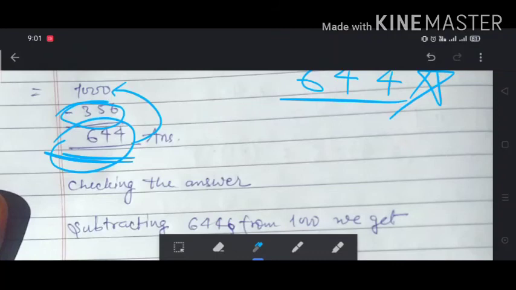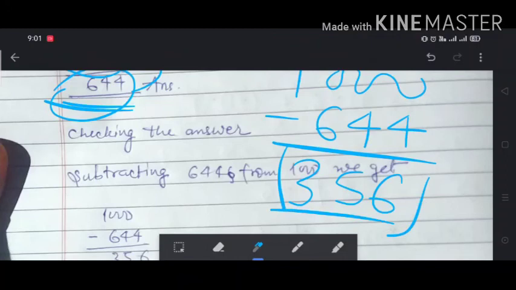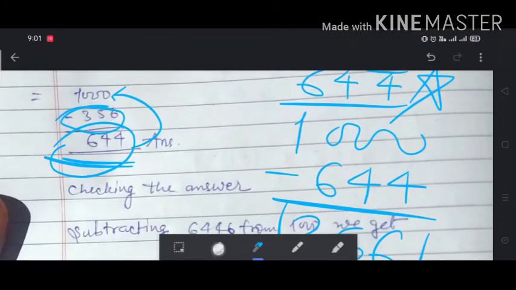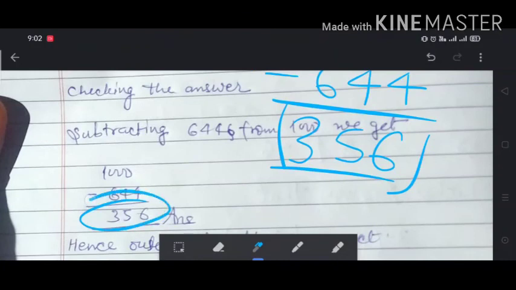So here we subtract 644 from 1000, and we get 356. So 356 is the second number that we have to subtract from 1000 to get 644. Therefore our result is true. Okay, so in this way we can check the answer.